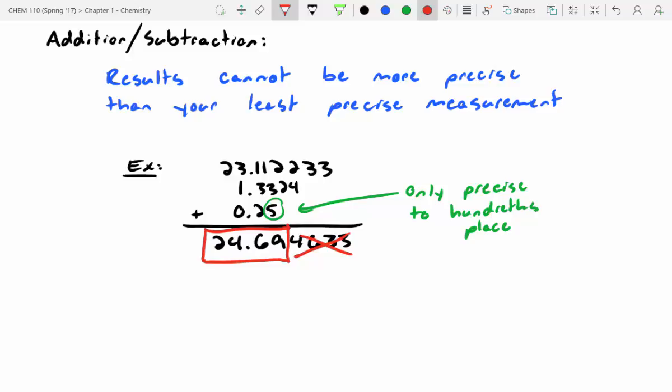There are tricky situations, though, where you have to do rounding. So, for example, if the number past it is 5 or greater, you can round up. Some physics teachers might teach you error propagation techniques too, but we're not going to get into that as much in this course. So in this case, 24.69 would be your correct answer.